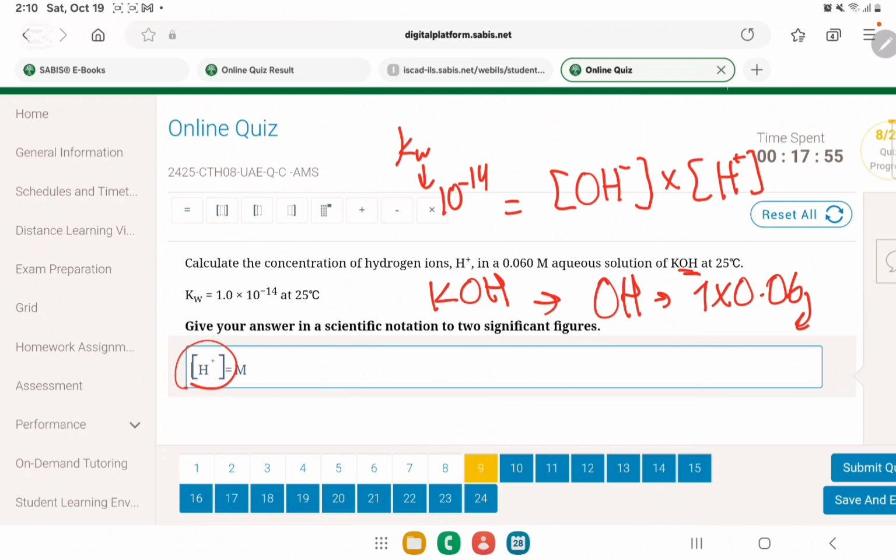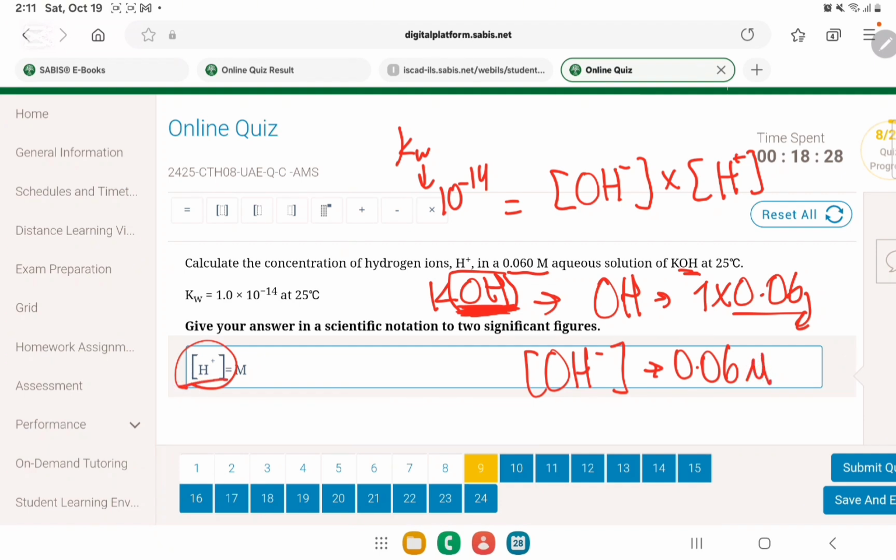But here they gave us KOH, which has only one OH, and the concentration of KOH is 0.06. So we do 1 times 0.06 because we only have one OH, and we get the concentration of OH. We don't need to put it in scientific notation at the end. So here we have the concentration of OH.